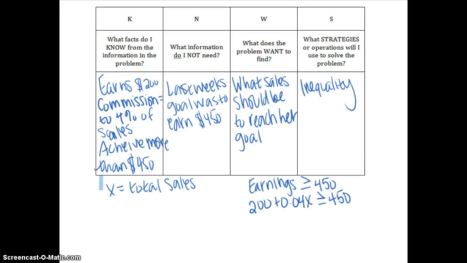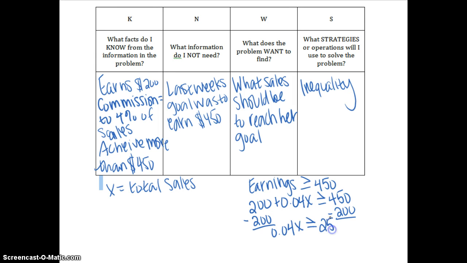Now you have to subtract 200. And that would be 0.04x is greater than. You can use a calculator if you need to. $250.